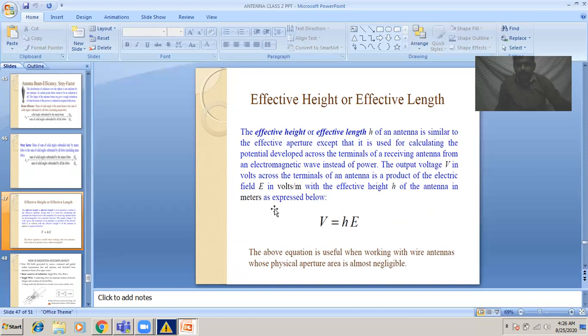Both are the same. For an antenna acting as a transmitting antenna, and if the same antenna is utilized as a receiving antenna, the effective length is also the same from the reciprocity theorem. That means the effective length of the transmitting antenna is equal to the effective length of the receiving antenna.